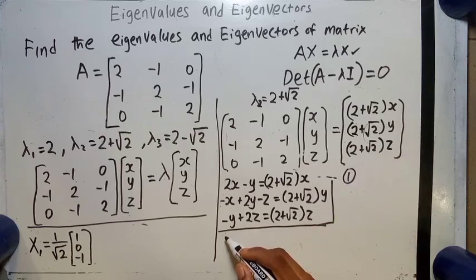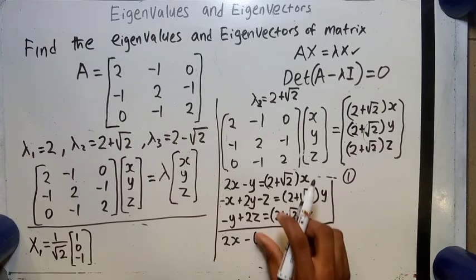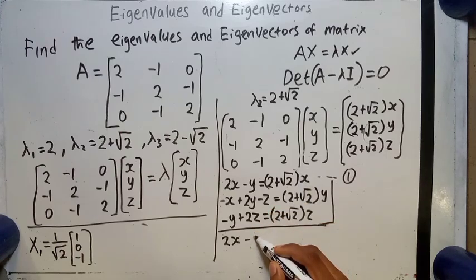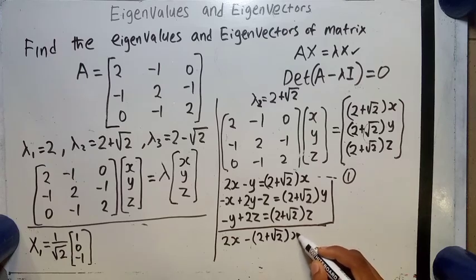Now equation 1 continuation, from here we're to simplify it, we'll be having 2x minus 2 plus root 2x is equal to y.